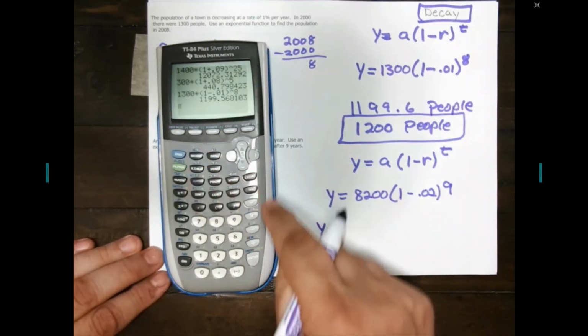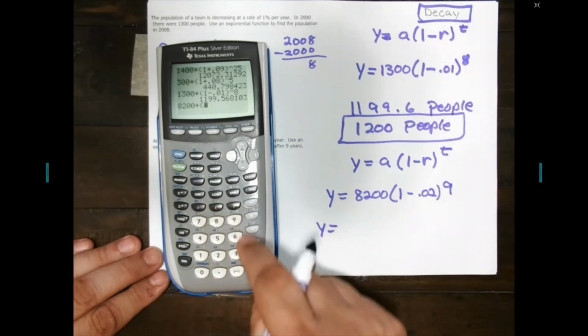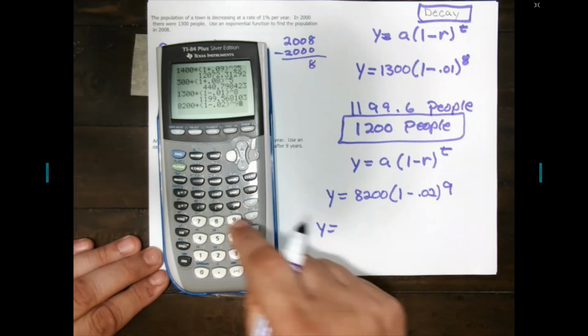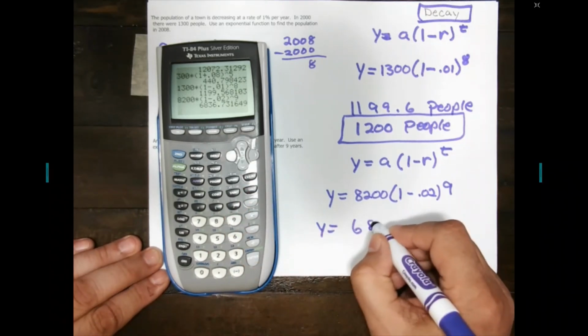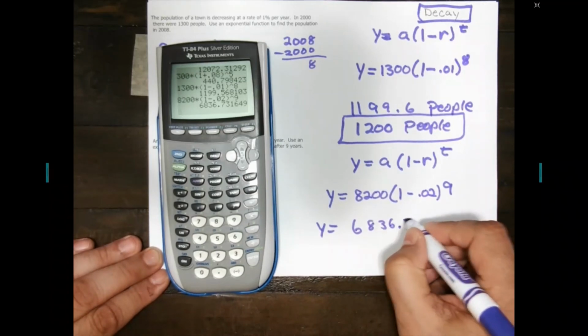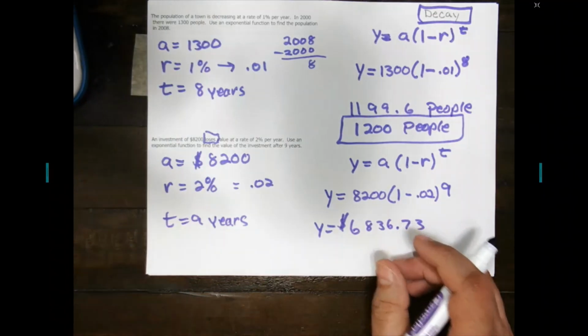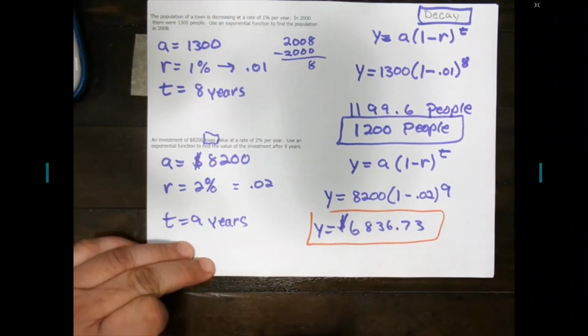So I type it in just like I see it: 8,200 times 1 minus 0.02 raised to the 9 years. I get $6,836.73. And we are finished with that particular example. That is the value of my investment after 9 years.